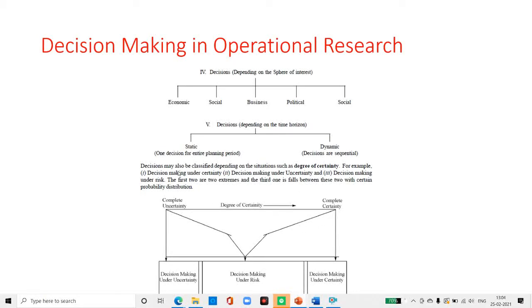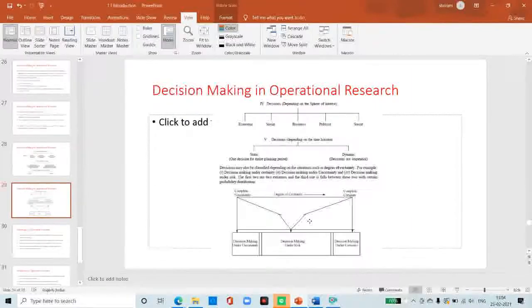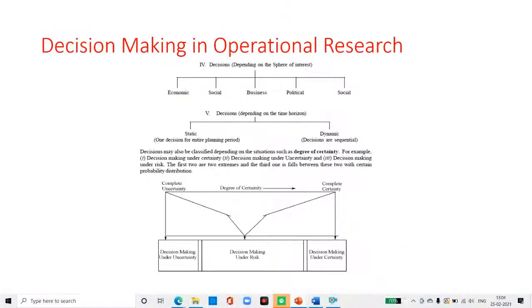Decisions may also be classified depending on the situation, such as the degree of certainty. The first is decision making under certainty, then decision making under uncertainty. This runs from complete uncertainty to complete certainty, so this is the degree of certainty.